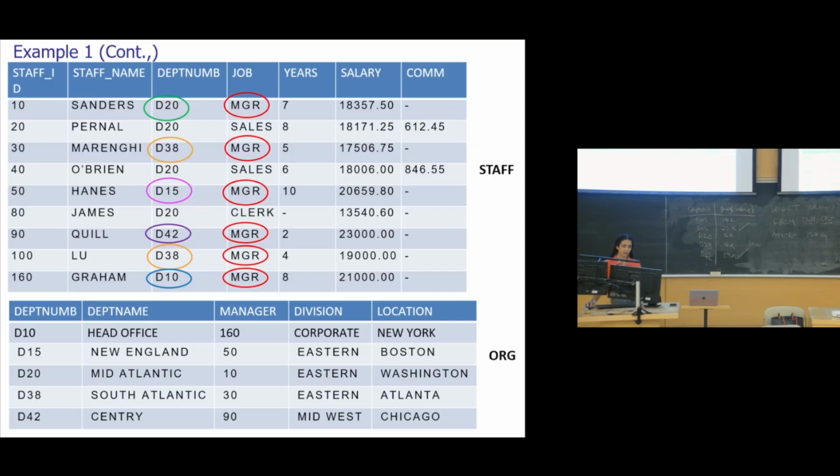And we also want the departments, right? Now, because we joined the tables based on the department number, as you can see, it finds all the departments, right? We have all the departments in the organization, and it finds these unique departments here, where the job was manager, right? And so this is what it gives you as a result.